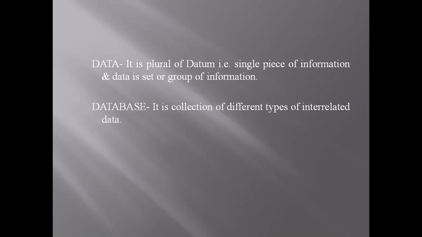Then what is a database? A database consists of multiple relations. It is a collection of different types of interrelated data. Information about an enterprise is broken up into parts, each relation storing one part of the information.